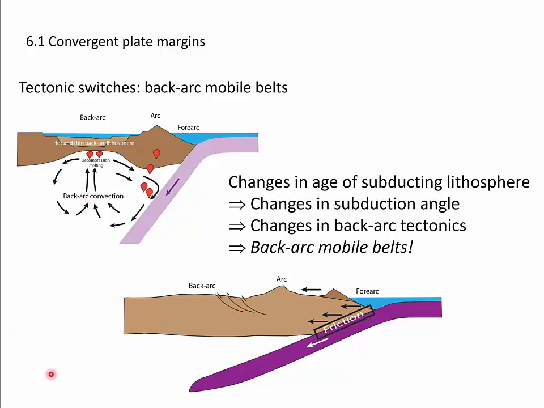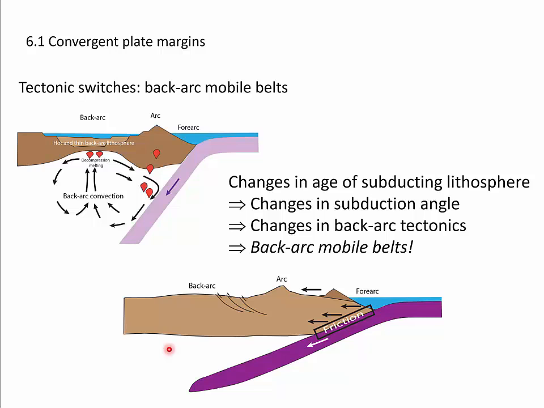And if eventually we are subducting very young oceanic lithosphere because the mid-oceanic ridge is not too far offshore anymore, the initially extensional and later perhaps stable back arc might convert into a contractional back arc.